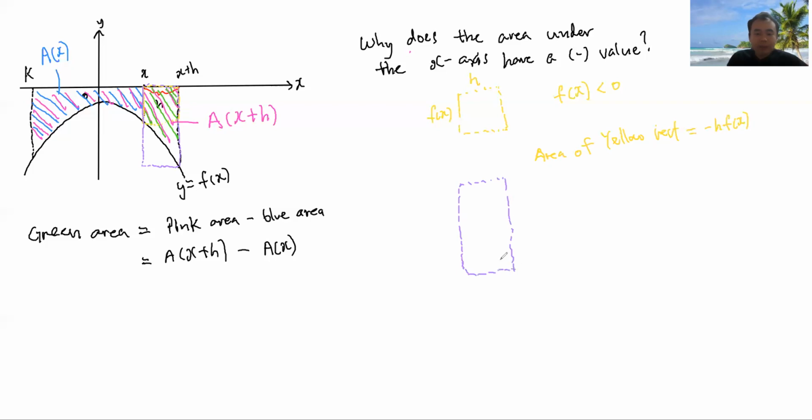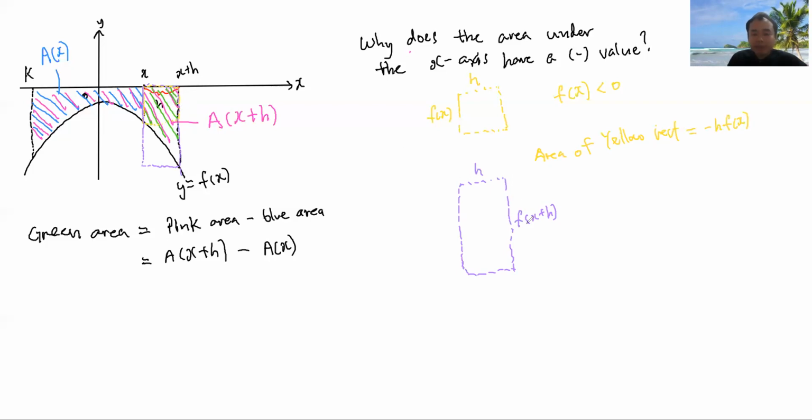This is still h, right? But this length is actually f of x plus h, right? Because if you sub x equals to x plus h into f of x, you get f of x plus h, which is the length of this rectangle.